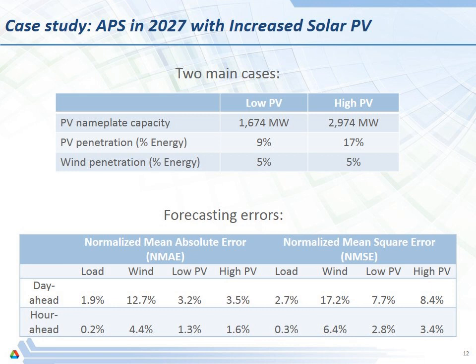A related question is, would the grid be harder to manage if the capacity was more residential PV? In the low PV case, a large share of the PV is distributed PV, and the remainder comes from utility scale plants. In the high PV case, we have the same amount of distributed PV, but we've increased the amount of utility scale renewables.